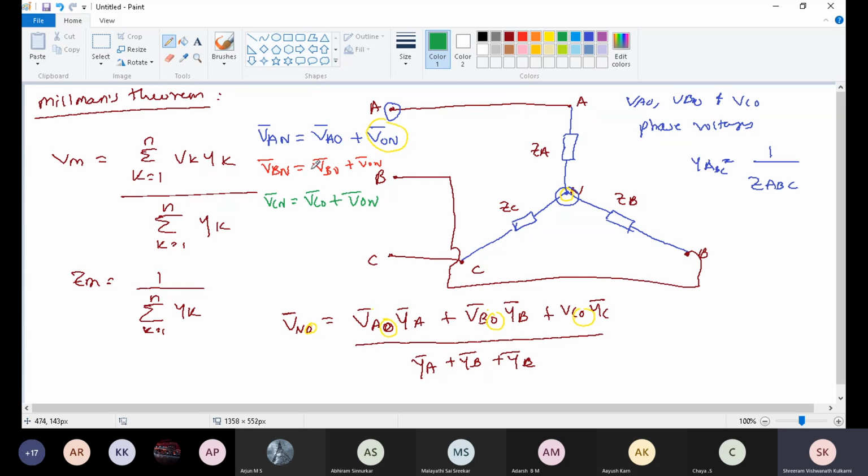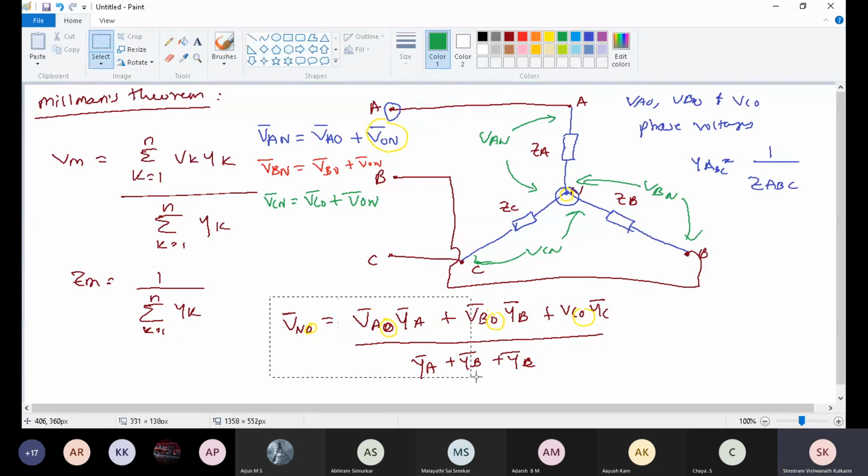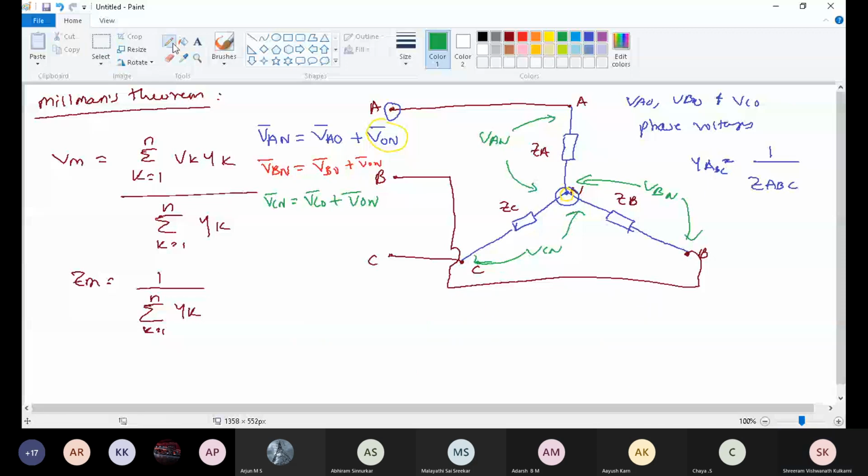Now I have VAN, VBN, VCN, the voltages across these phases. Now I simply write the equations for IA, IB, IC.